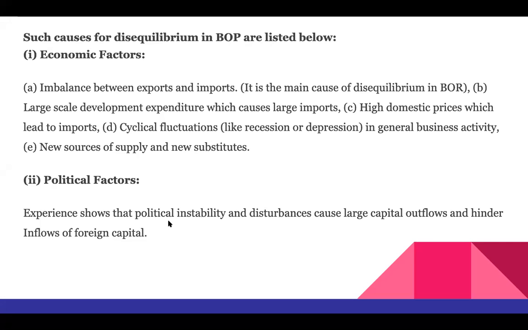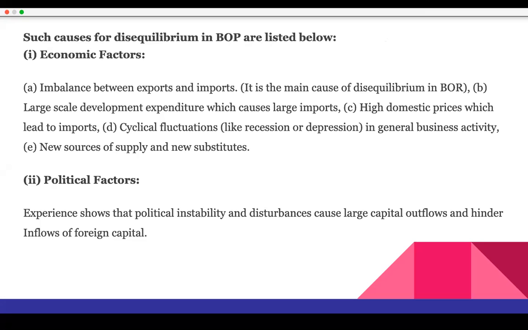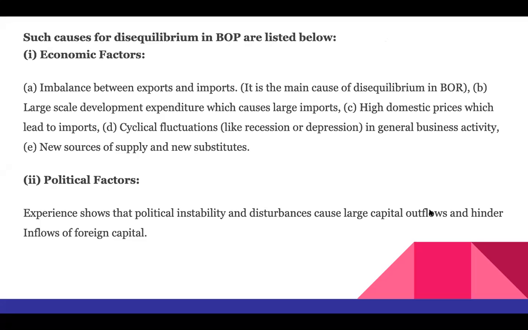Talking about political factors, political instability and political disturbances, people will not take a risk of transacting with you when there is political disturbance. People will refrain from transacting with you. They will not want to have an export-import transaction with you, or trade transaction with you, or investment transaction with you.